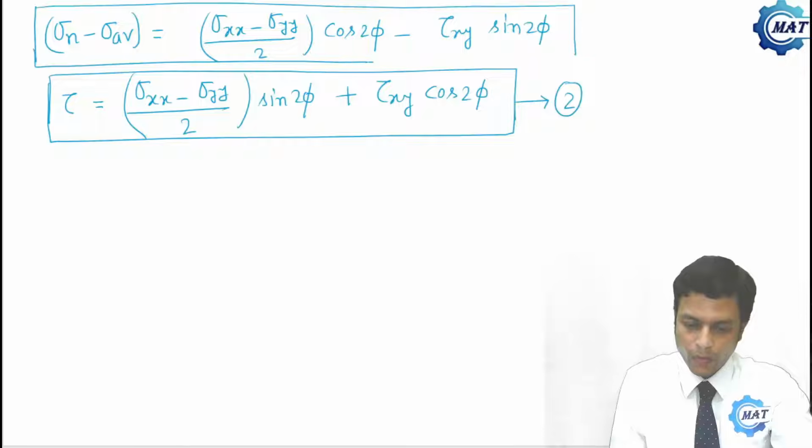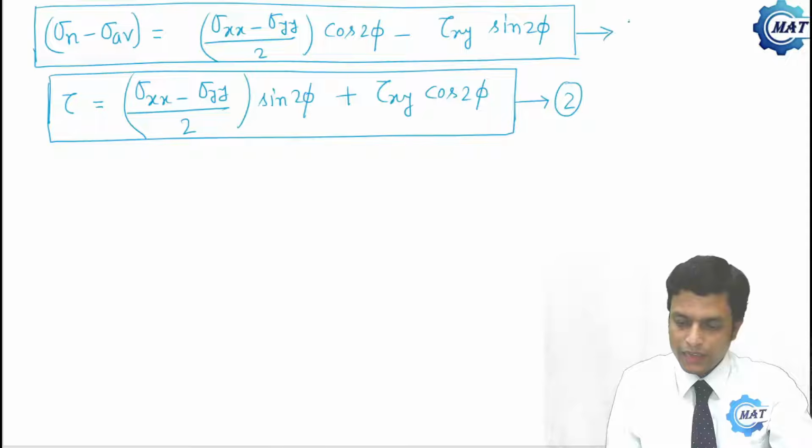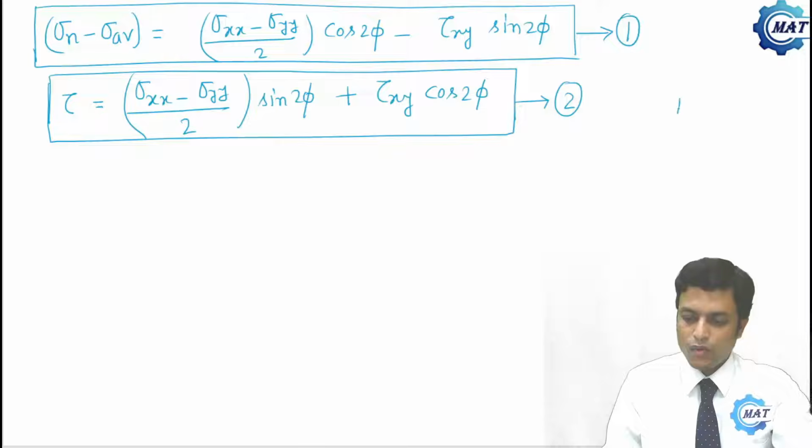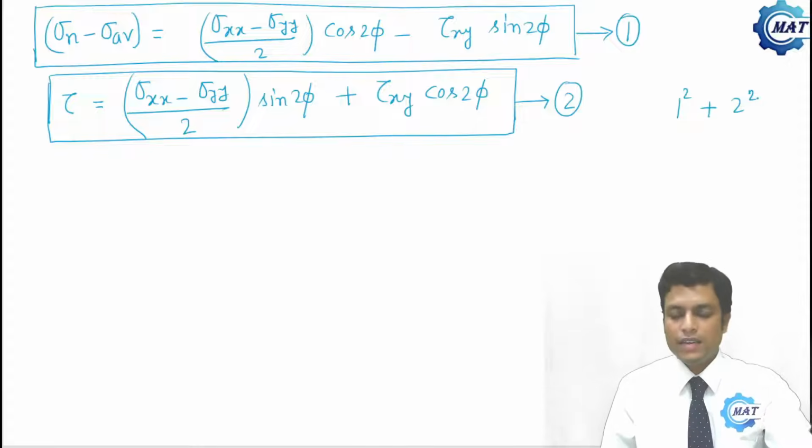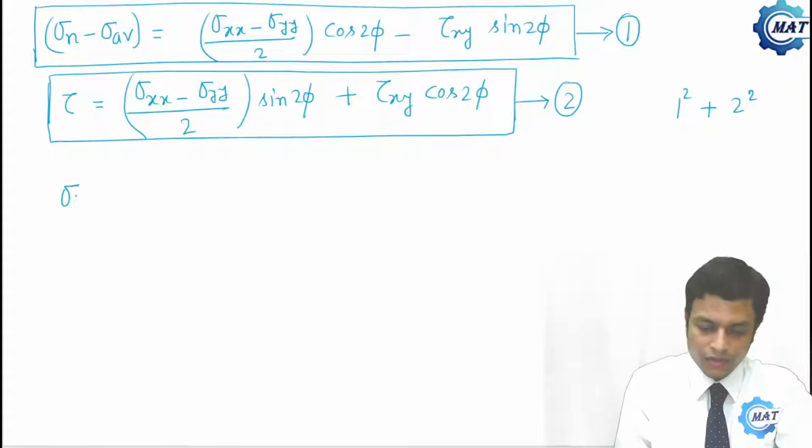Now similar to biaxial stress, take 1 square plus 2 square on both left hand and right hand side. What we will get?